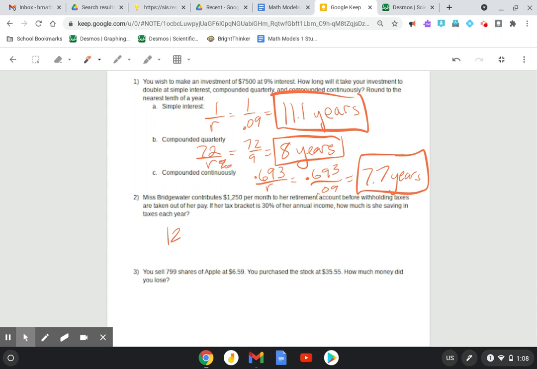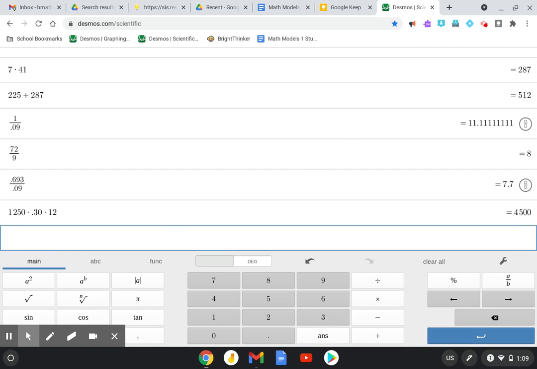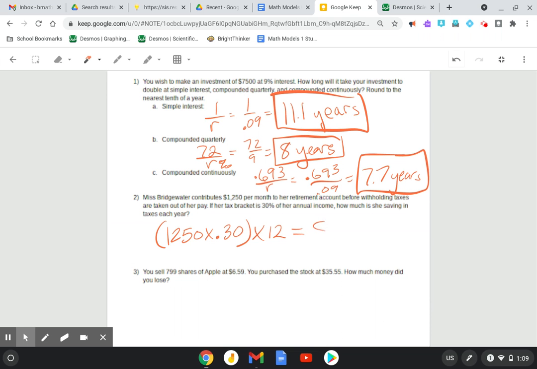And so we're going to say that she saves this amount times 30% each month, which means that times 12 will give us the annual. So there's the formula, the way that you need to do that. So we're going to do 1,250 times 0.3 for the 30% that she is saving, and we're going to do it every month for 12 months, $4,500 on that one.